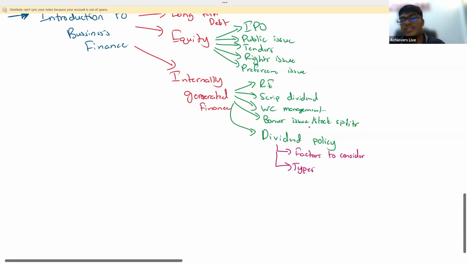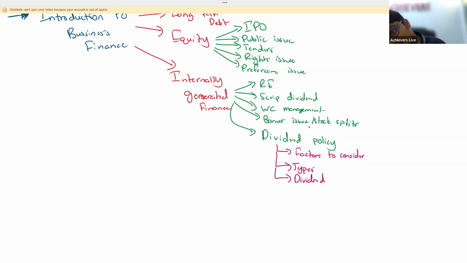Next thing which you have to know is another dividend irrelevancy theory. So Modigliani and Miller's dividend irrelevancy theory. What does this say? It says that in a perfect capital market, shareholders will not care whether they are getting a dividend or not.